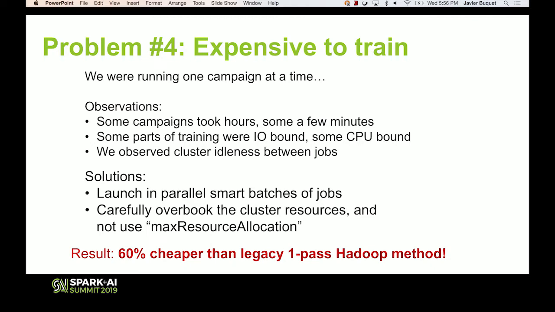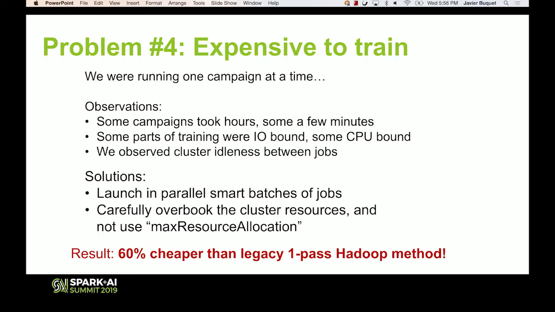And so the solution we found was to launch in parallel smart batches of jobs. We submit a bunch of training jobs at the same time. By doing that, the I/O intensive and CPU intensive bits of the jobs would interleave and maximize the usage of the cluster. We didn't use the max resource allocation from Spark, and we carefully overbooked the cluster resources, and this actually did the trick.